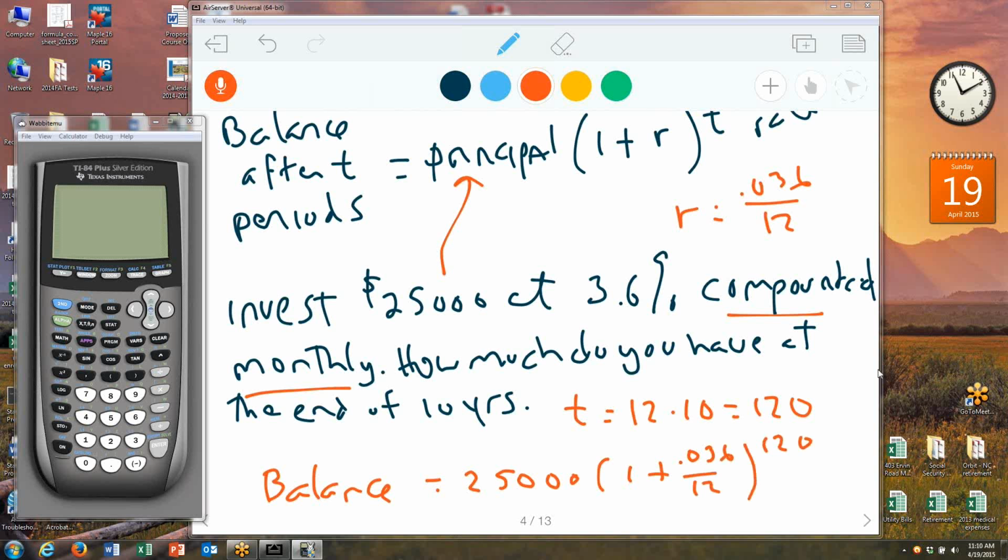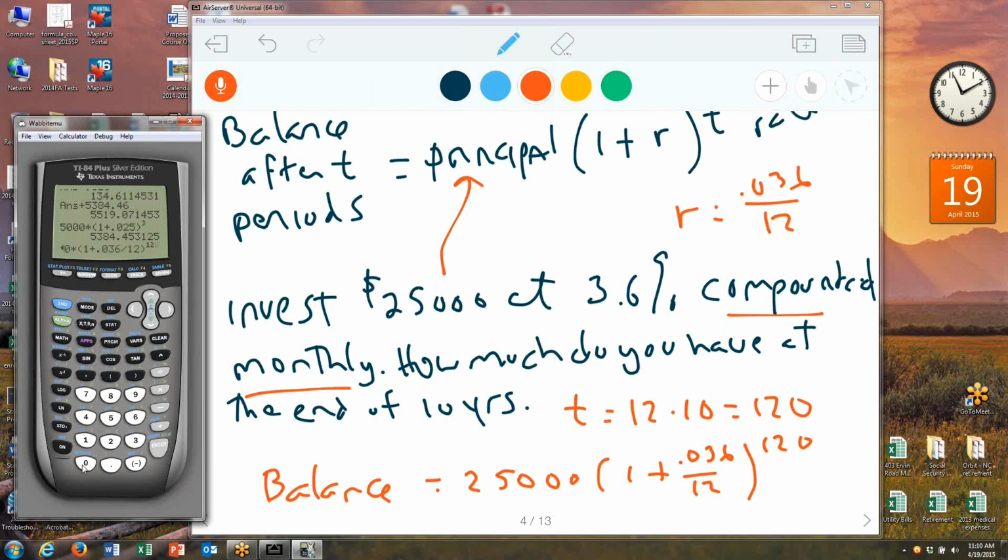And then if you run that through your calculator: 25,000 times parenthesis 1 plus, and you remember the 1 plus for the growth models, and these are growth models, 0.036 divided by 12, and the parenthesis, and then caret 120.